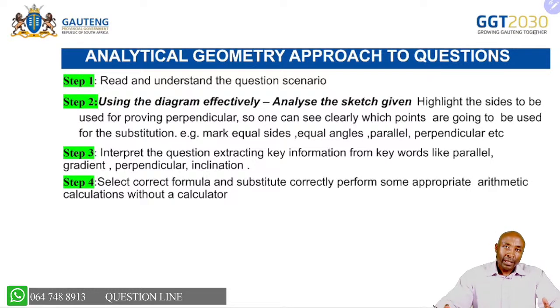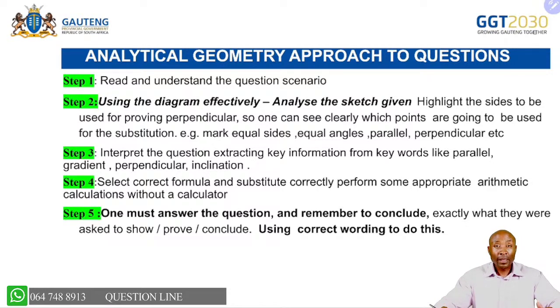Remember, analytical methods, we have our formulas to help us solve the problem. So we select the correct formula and we should be able to substitute correctly into the formula so that we are able to do the correct arithmetic calculations or use your calculator to do the calculations.